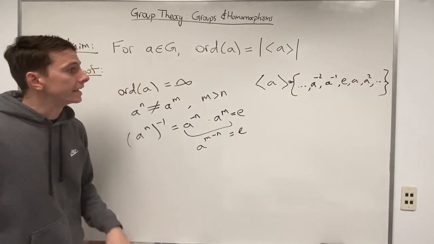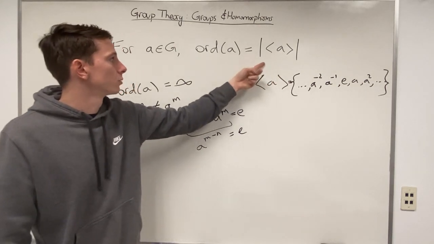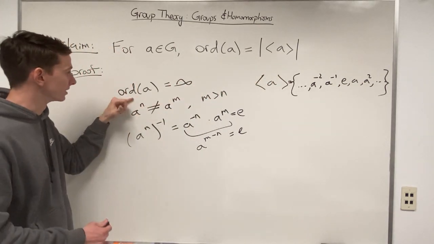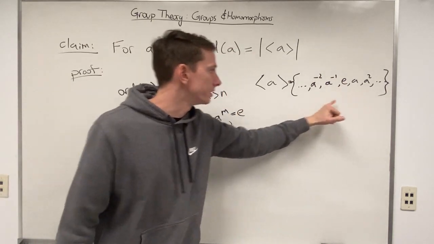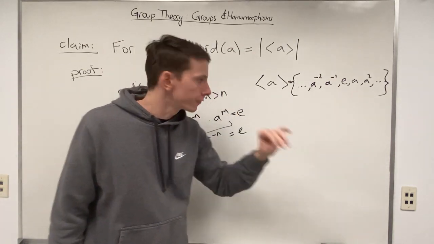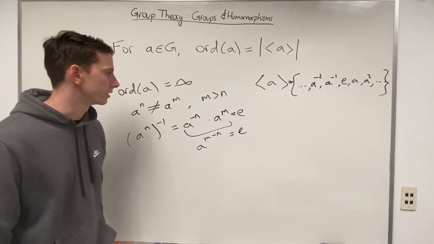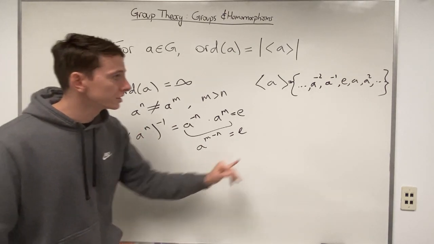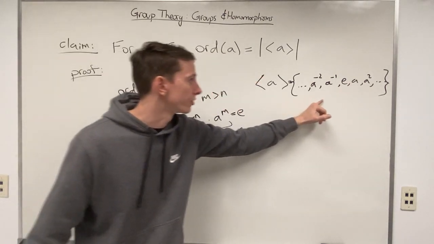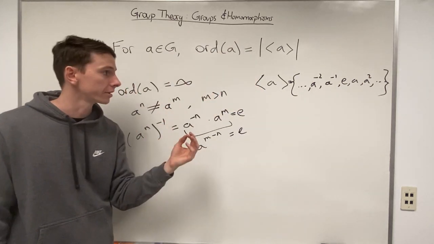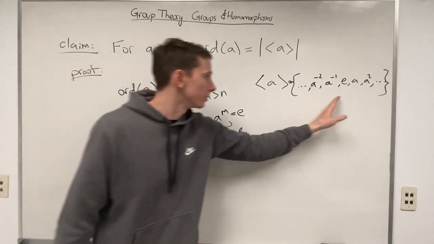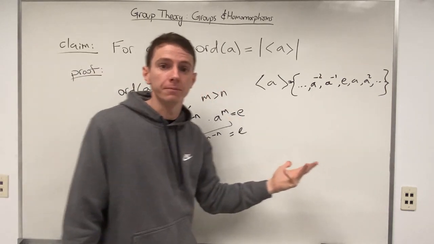If this group is infinite, which is what we're saying the first case is, where the left-hand side is infinite, then that means there should be infinitely many different elements in here. And that means that regardless of what powers we choose within this group, regardless of what m and n we decide to pick, they need to be different.